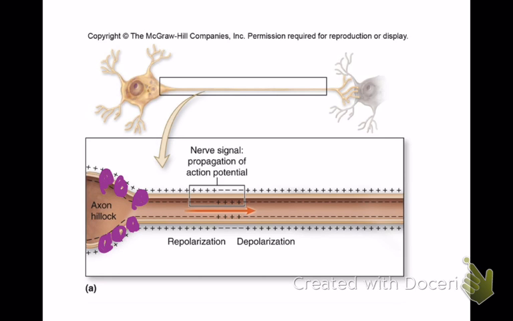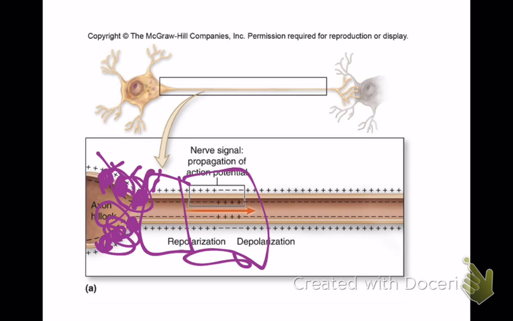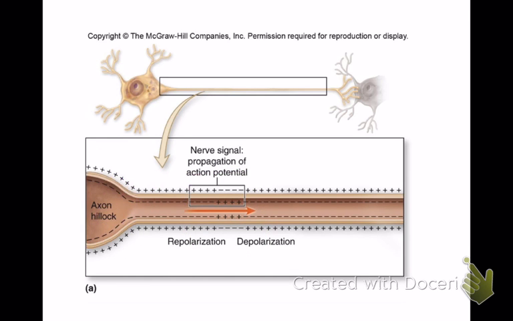So as long as you get to threshold voltage, these gates pop open, and that creates electrical current, and that opens the next gates. Then they pop open, and that creates electrical current that opens the next gates. And so it propagates all the way down the neuron. So what's missing from this picture? They don't show you the gates.